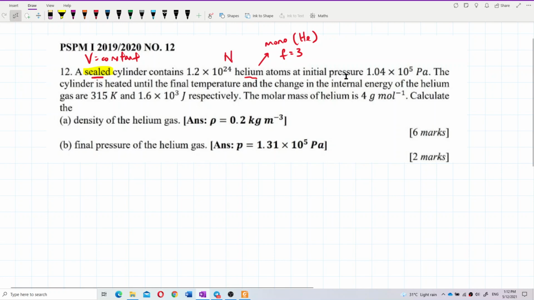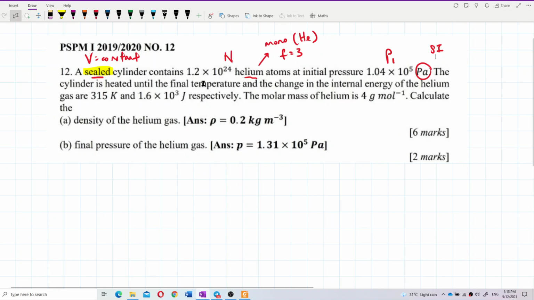And then initial pressure. This is the initial pressure. Put as P1. It's in Pascal, good, in SI unit already. Very good, no need to change. The cylinder is then heated until the final temperature and the change in internal energy of the helium gas are this one.